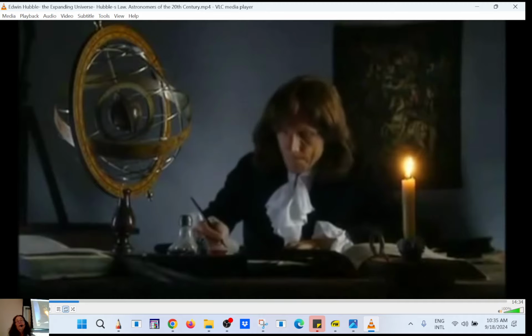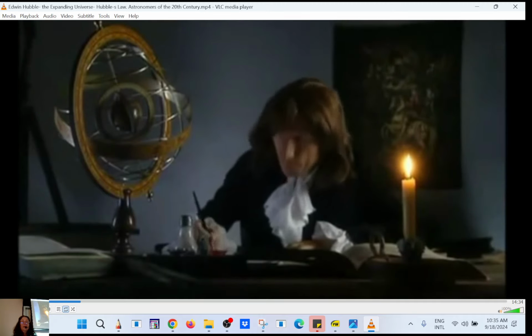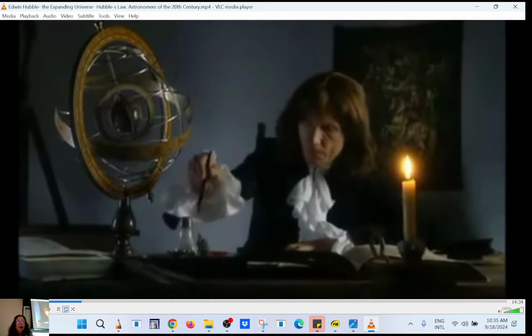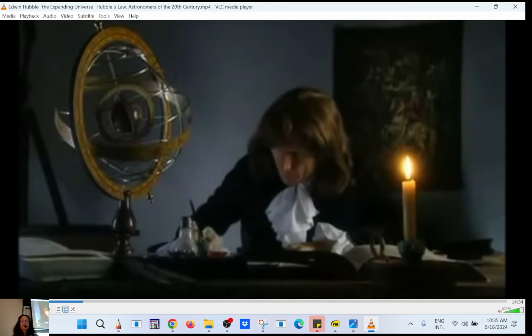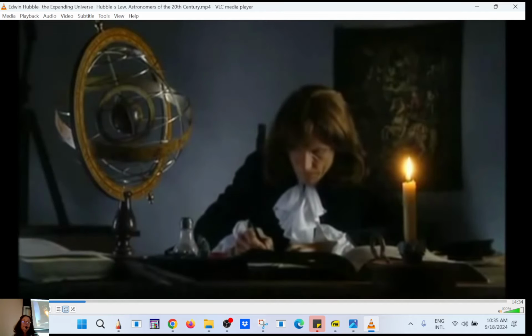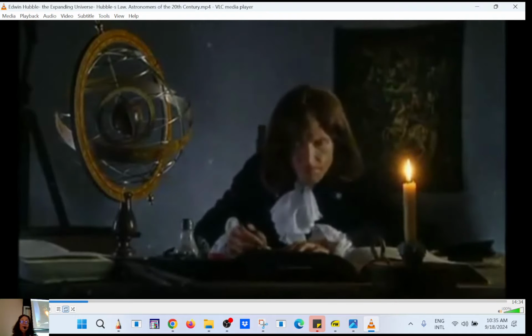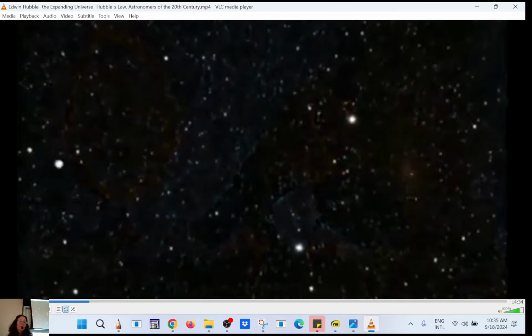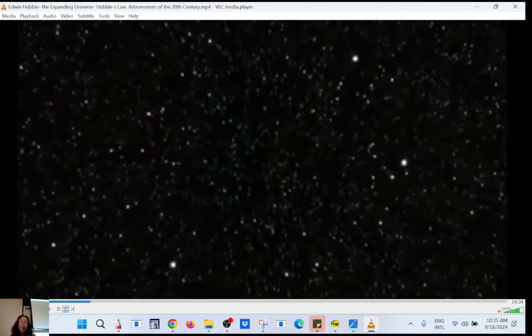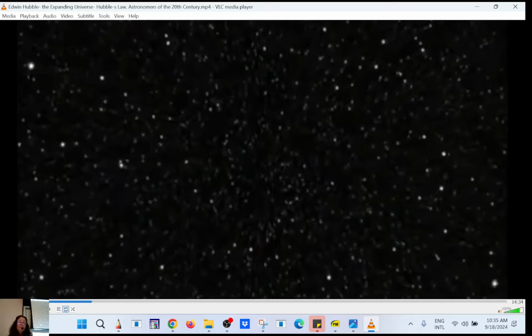After all, it accorded with the idea that God had created the universe in his own image. If God was eternal, then so must the universe be. But how did the universe come about in the first place? And why are the stars so far apart when gravity should be pulling them together? Newton did not have the instruments to answer these questions, but in the next 250 years, great progress was made.